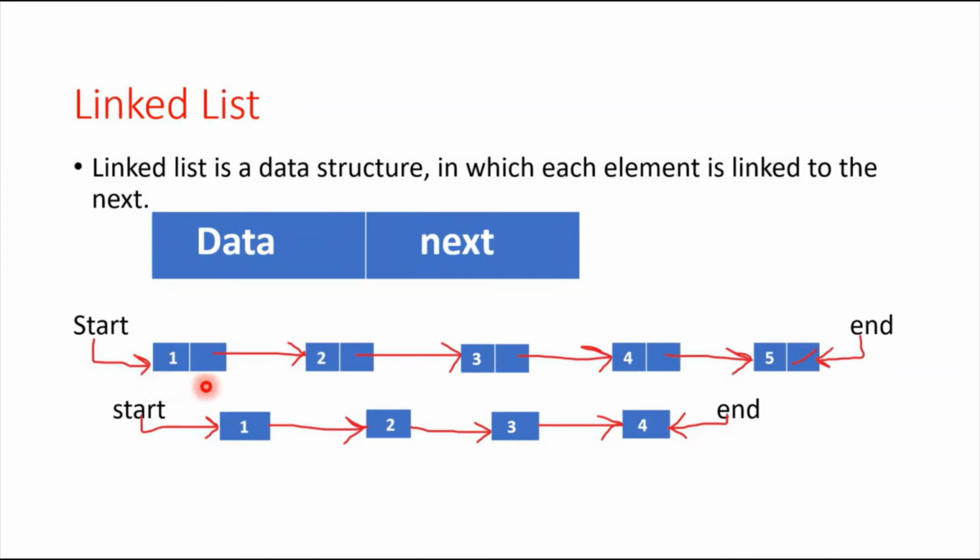Okay, here I have given you a pictorially represented list. You can see it has a start pointer that points to the first element. That is also called the head pointer, and each element contains the address of another element, 1 2 3 4 5, and at the end the next is null.